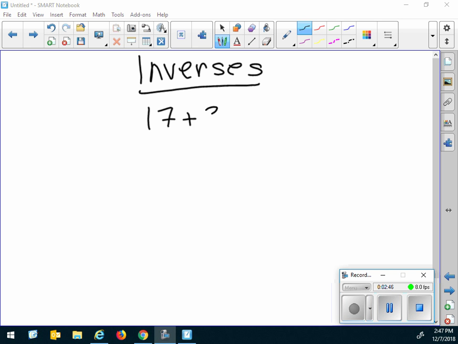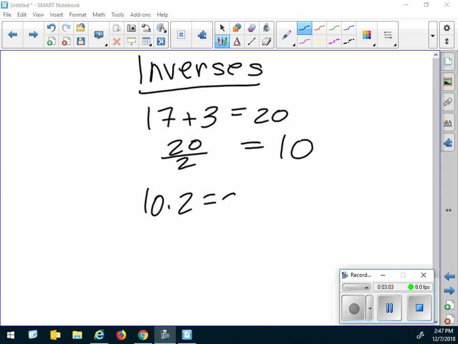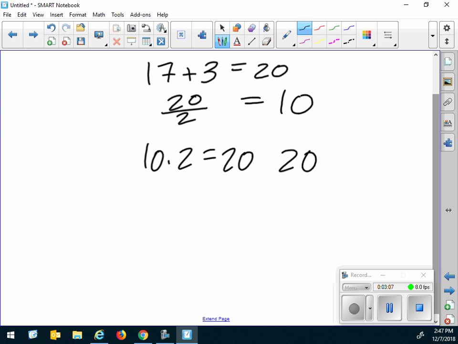I told you to add 3 to it, so he would have gotten 20. Then I said divide by 2, so his answer was 10. Then I told him to multiply by 2, which is 20. And then I said subtract 3.